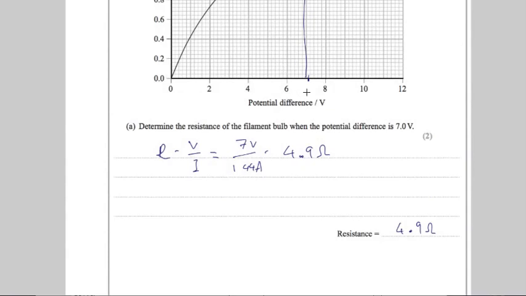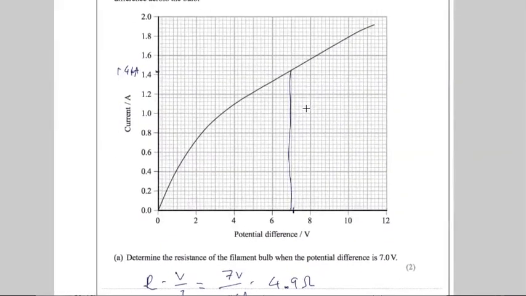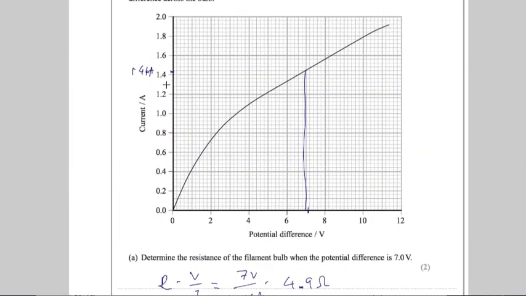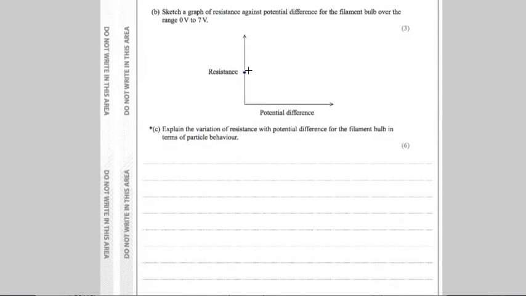Now we can see that as the potential difference increases, the current is not as high as it would have been had it continued in a straight line. So the resistance must be increasing. So that is enough to get the 3 marks. Just a graph that looks like that. We cross at a non-zero value and it rises up.